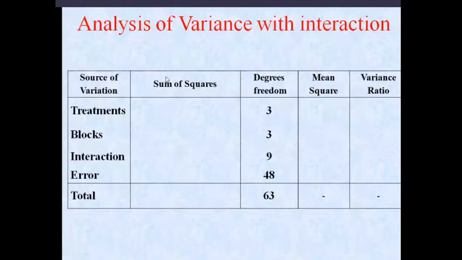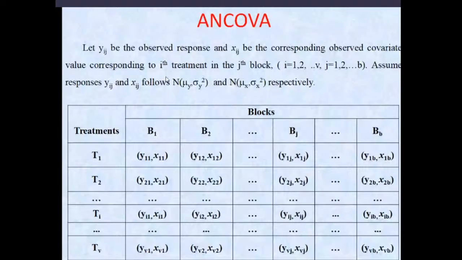And similarly, you can go for the analysis of covariance, one-way classification or two-way classification. What is analysis of covariance? Analysis of covariance is just like what I had told.